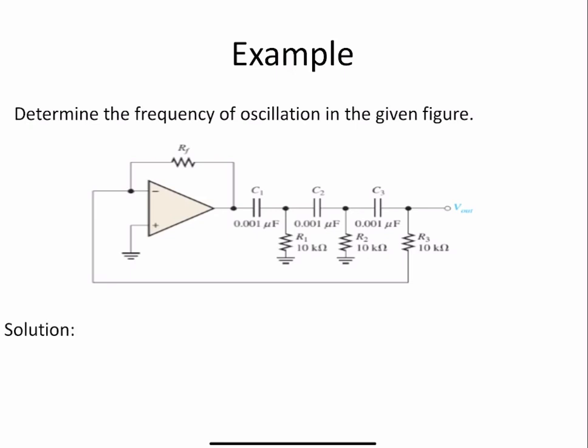By using the relation Fr is equal to 1 by 2 pi root 6 RC, we can compute the resonant frequency for the given values of R and C. That comes to 6.5 kilohertz when you put in the values of R and C given here. In this way, you can determine the frequency of oscillation for any phase shift oscillator.